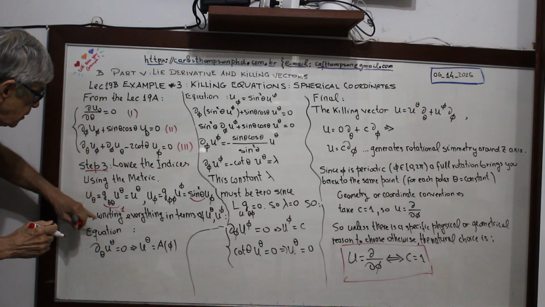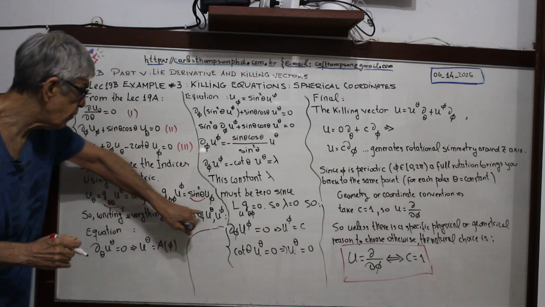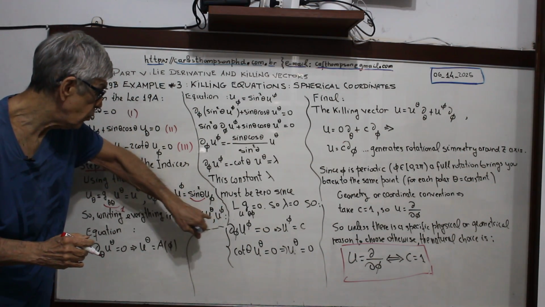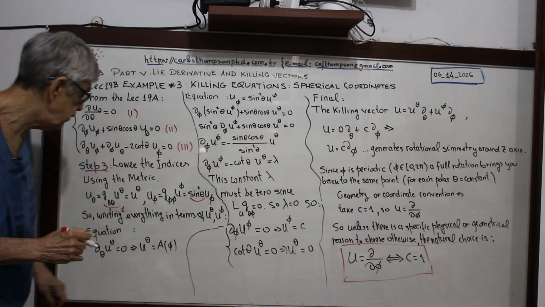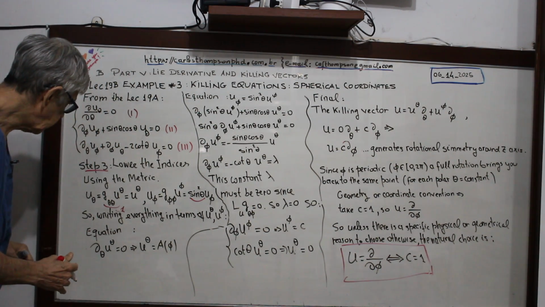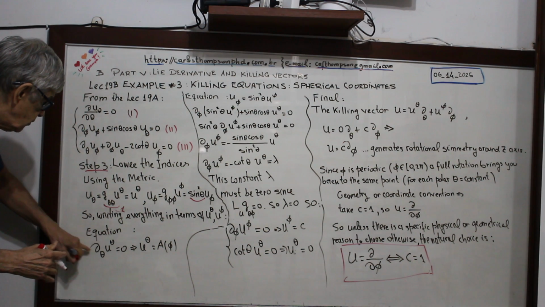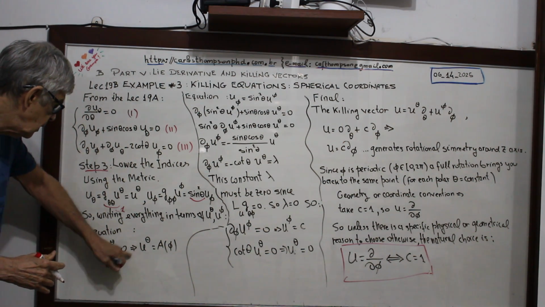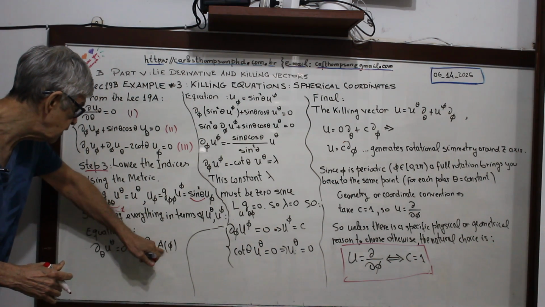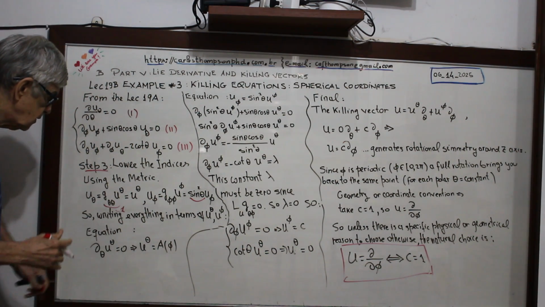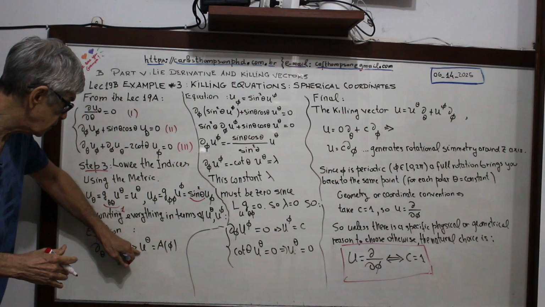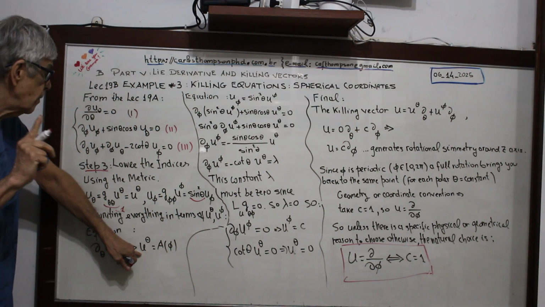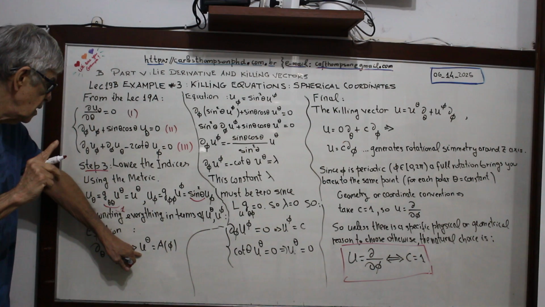Now, writing everything in terms of the contravariant components, u theta and u phi, yields the first equation over here equal to 0. This u theta is a function of phi.